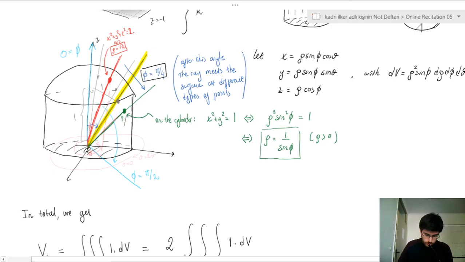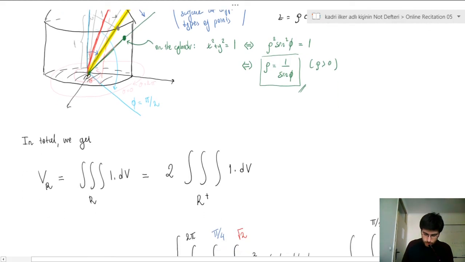Now rho starts again from 0 and it hits the surface at this green point, but when you hit the surface, it really corresponds to the value of rho equal to that expression.